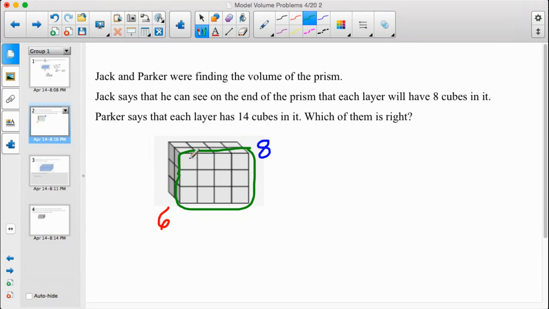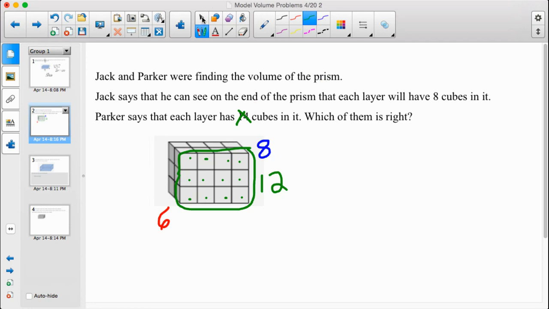If I count these, I'm going to go 1, 2, 3, 4, 5, 6, 7, 8, 9, 10, 11, 12. So if I did it that way, that would be 12 cubes in a front layer. And you can see that there's two layers here. There's a layer behind it and there's this layer in front. They have 12 each. So I'm like, guys, Parker totally got it wrong. None of our layers had 14 cubes.